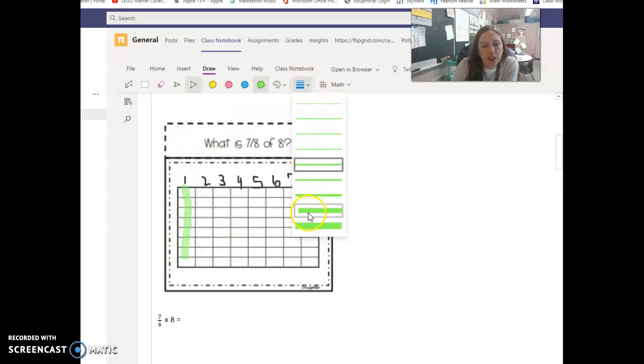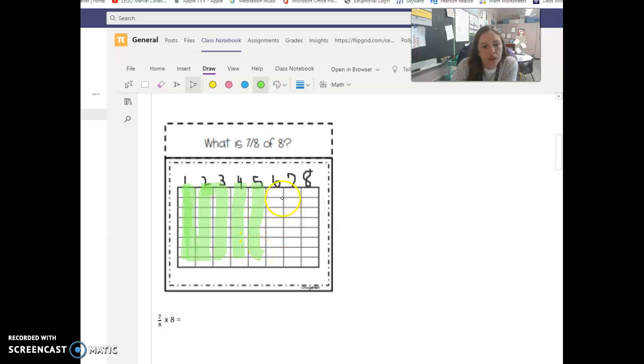Can make it a little thicker. Well, how many 8ths do we have?